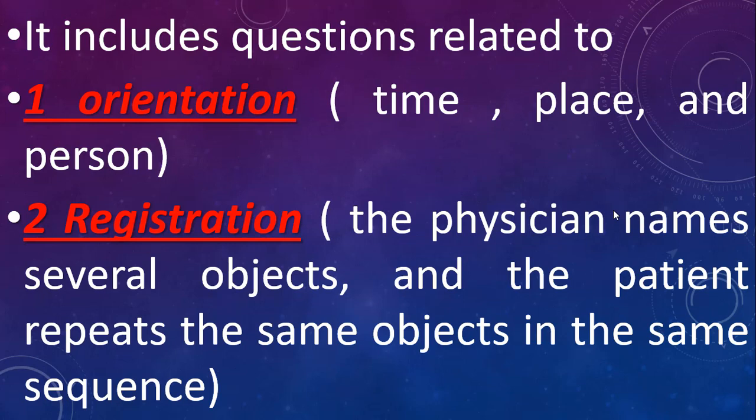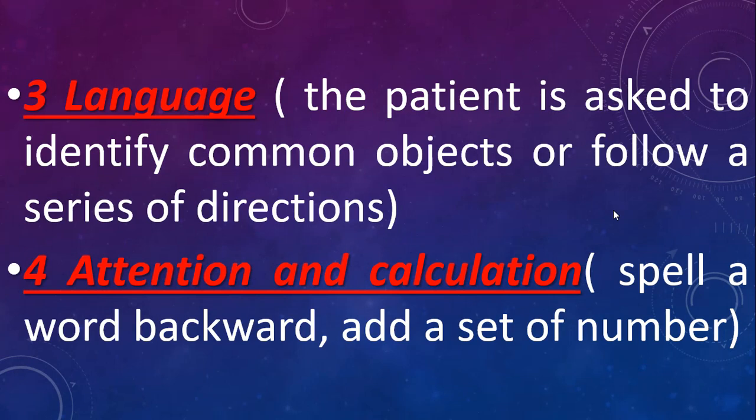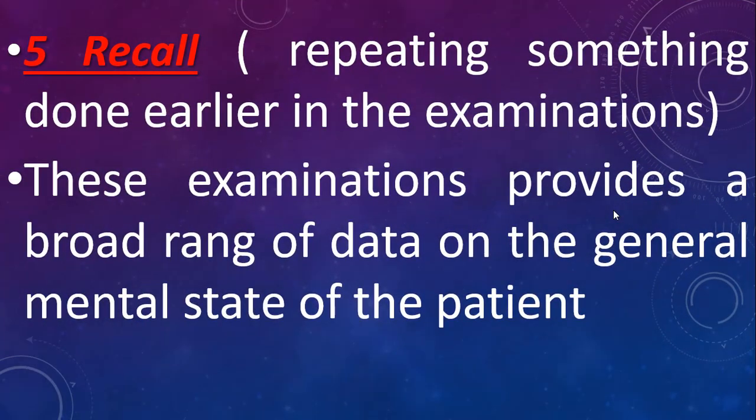2. Registration. The physician names several objects and the patient repeats the same objects in the same sequence. This is registration. 3. Language. The patient is asked to identify common objects or follow a series of directions. 4. Attention and calculation. Spell a word backwards, add a set of numbers. 5.